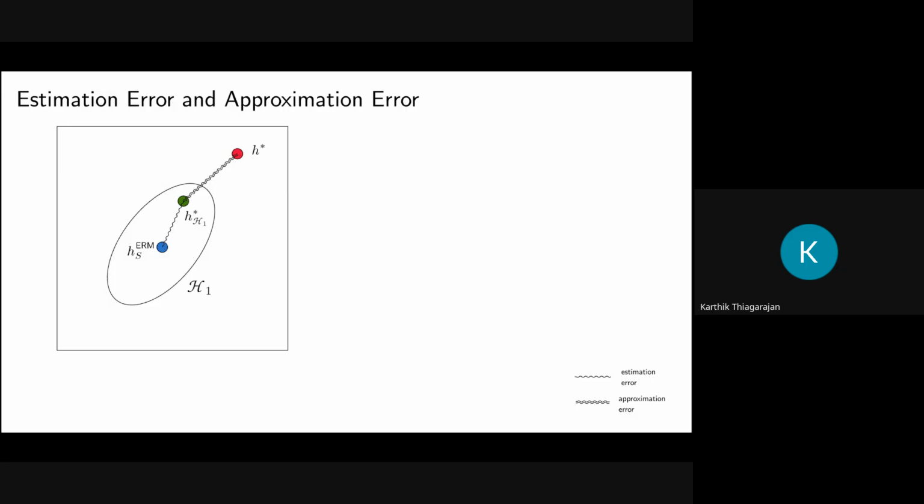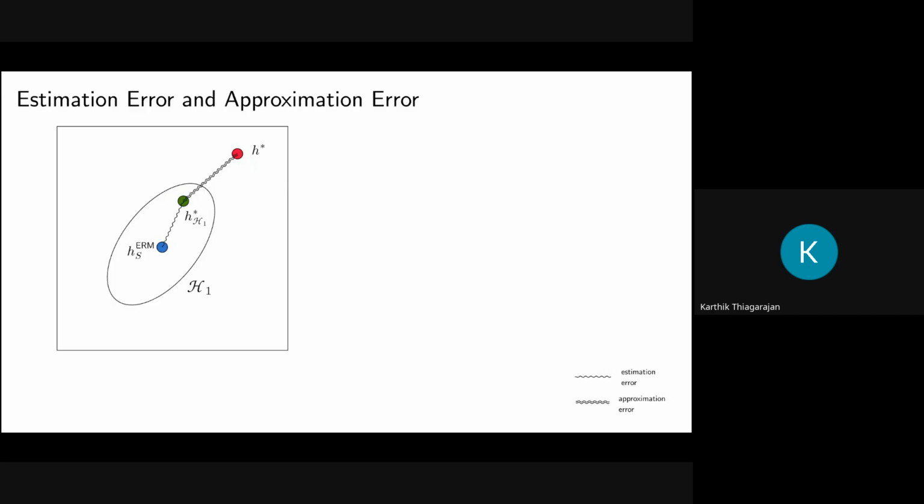Now what you are doing is you're solving an estimation problem. You are trying to find the classifier from H1 that minimizes the empirical risk or the train error. And that turns out to be H ERM. So far is this clear? The blue, green, and red points. This is the only new thing in some sense. All the others we have already seen.